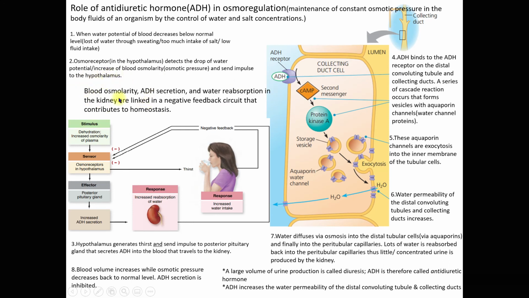Because as you have known, when blood osmolarity increases, ADH will be secreted, right? And the water reabsorption will increase in the distal convoluted tubules and collecting duct. So this is a negative feedback which restores the blood osmolarity to the normal level.